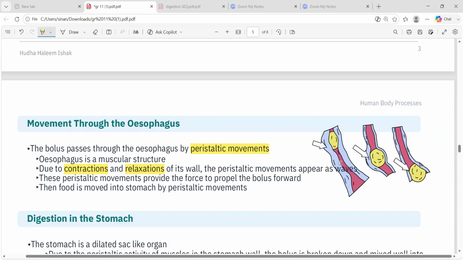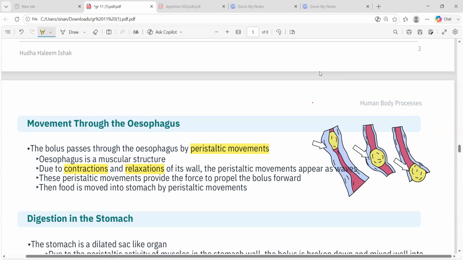You can try this at home as well. So this part will contract and then the food will move down. After this part has relaxed, the food will move down further. So the alternating contraction and relaxation is the peristaltic movement. This is a perfect image for this movement. So the peristaltic movement is the contraction and the relaxation of the esophagus.